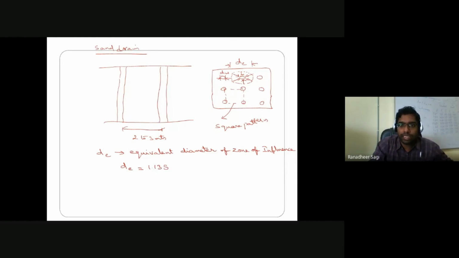It is the center to center distance between two vertical drains. In the square pattern, it is the same in this direction also. So S indicates the center to center distance between vertical drains, and DE is 1.13 times S in the case of the square pattern of arrangement.